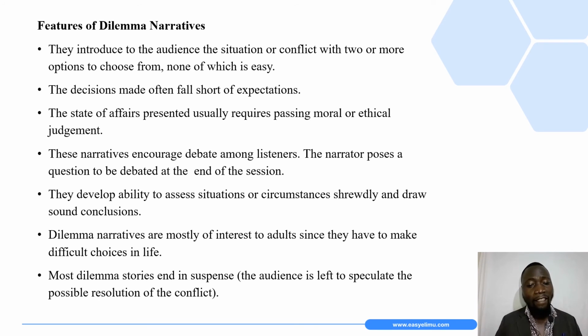Another feature we cannot forget to mention is that most dilemma stories end in suspense. That is, the audience is left to speculate the possible resolution of the conflict. They will be left wondering which choice a character will make in the story.